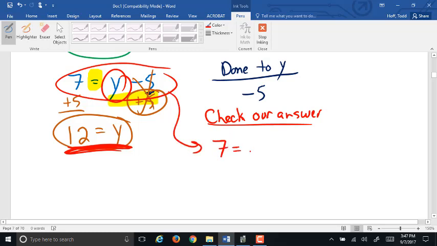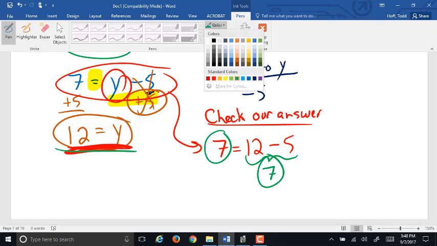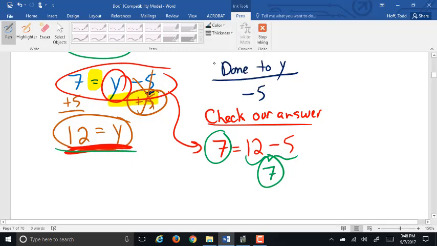So 7 equals, instead of y, we're going to put in 12, minus 5. What is 12 minus 5? 7, right? So we have the same value on both sides of the equation. So it does balance. So that tells us that is the correct answer. 12 equals y is our correct solution. Any questions?